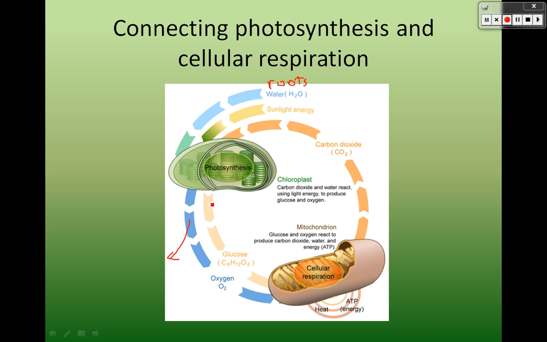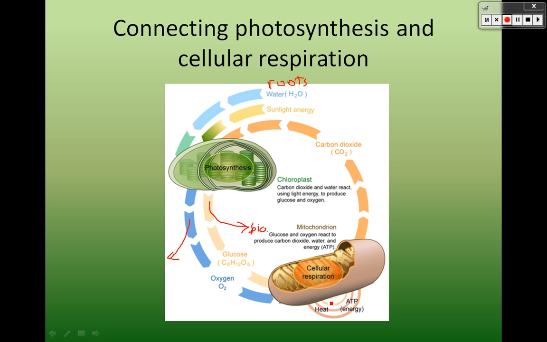Some of that glucose, too, goes out to the rest of the plant for biosynthesis. And let's see, I'm going to try to write bio. That's all I got for you. So there's bio, right? So that's going to biosynthesis, but some of the glucose is also going to the mitochondria for cellular respiration.